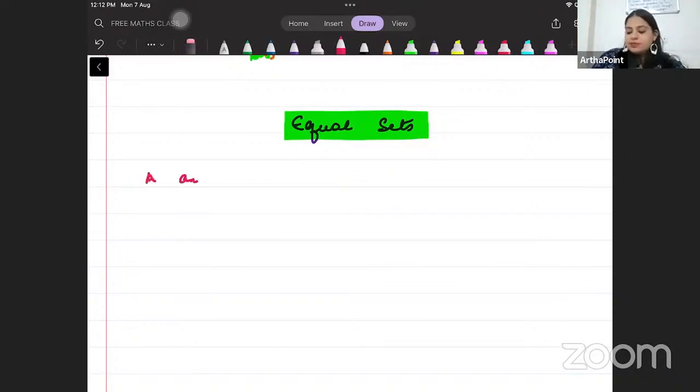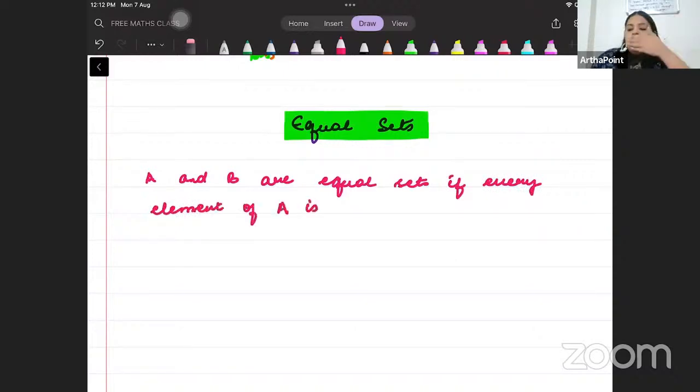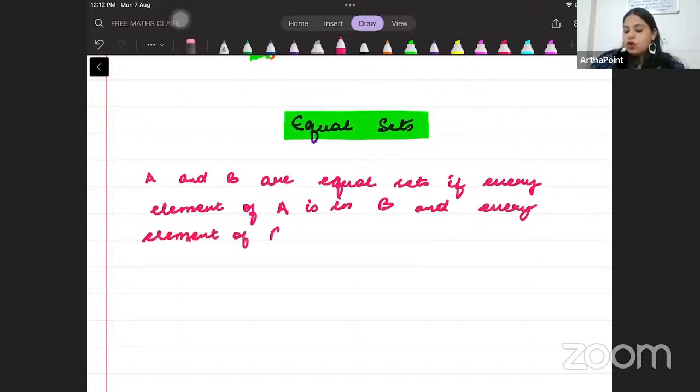A and B are equal sets if every element of A is in B and every element of B is in A.